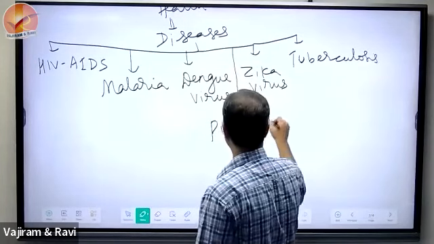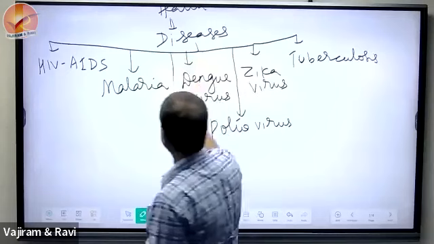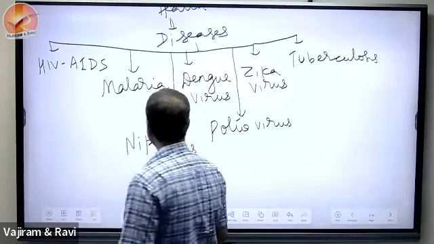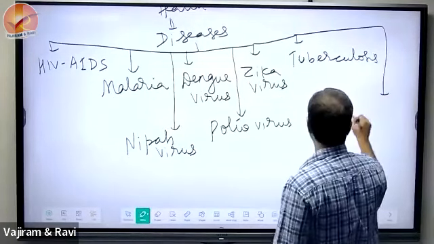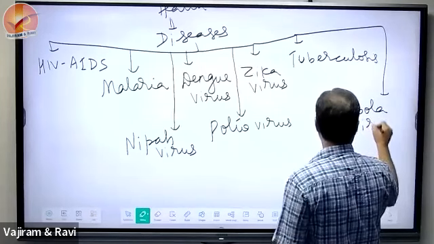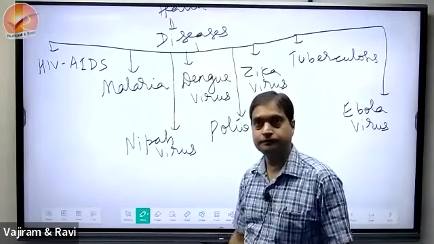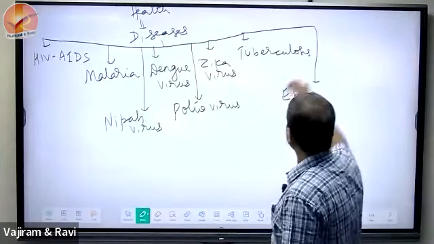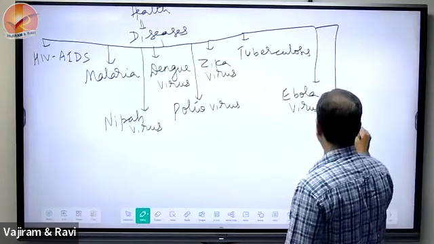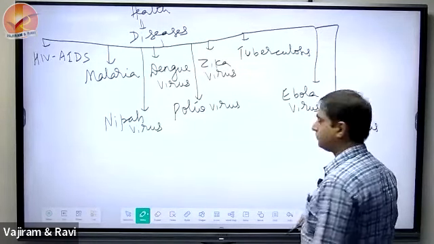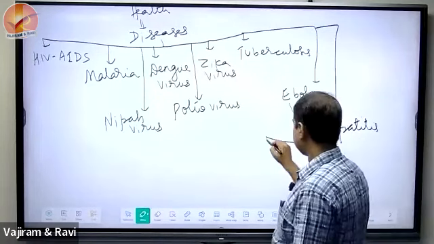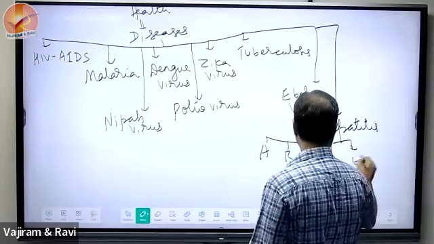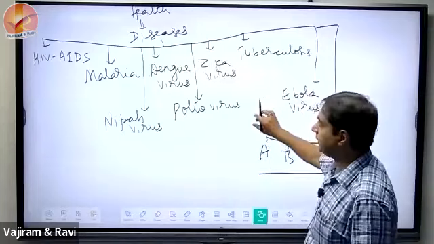Polio virus, Nipah virus disease, Ebola virus disease, hepatitis A, B, C, D, and E. So there are 5 different types of viral hepatitis.